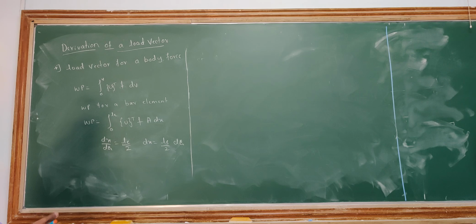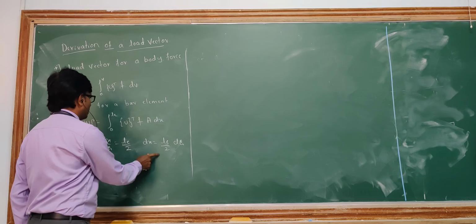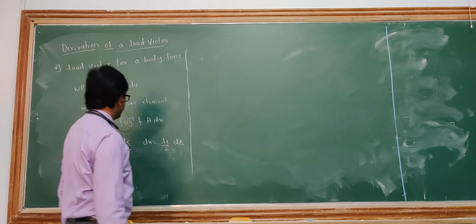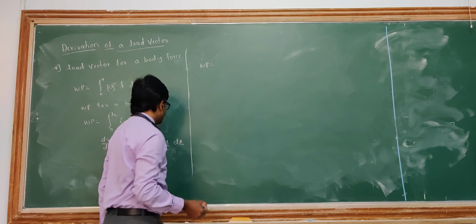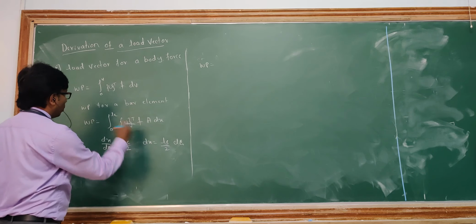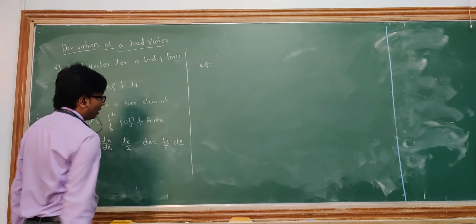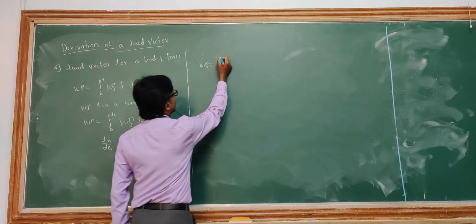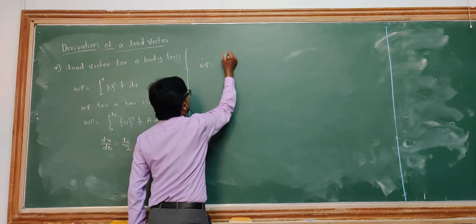Now we will substitute this into this particular equation. So I have converted the global coordinate system into a natural coordinate system. Whenever we convert into a natural coordinate system and include d zeta, the integration limits change from -1 to +1.